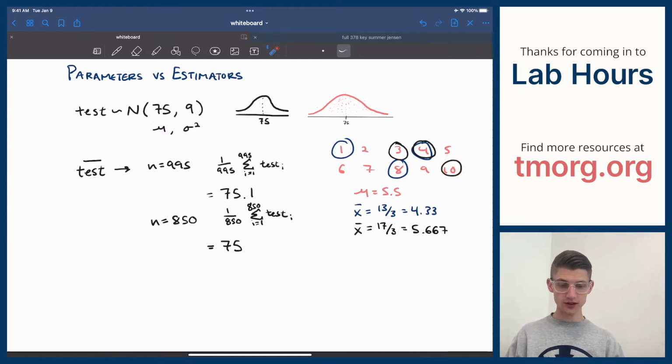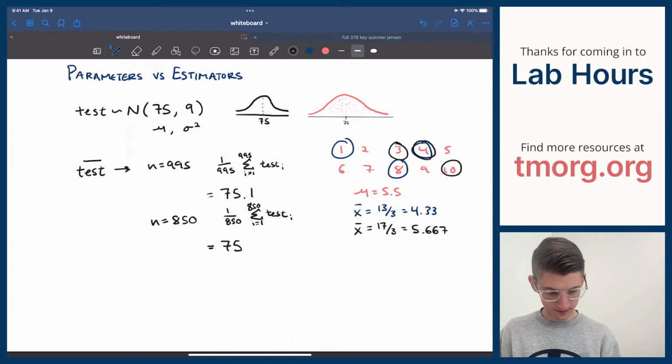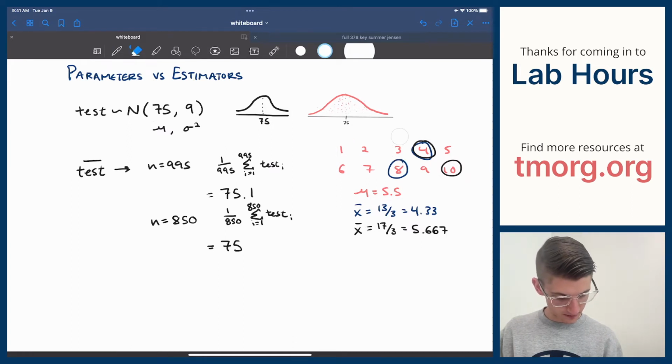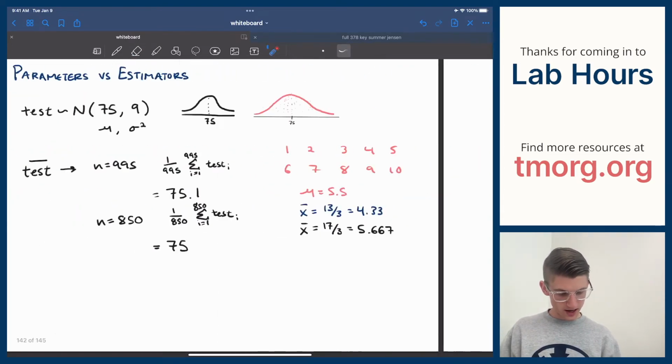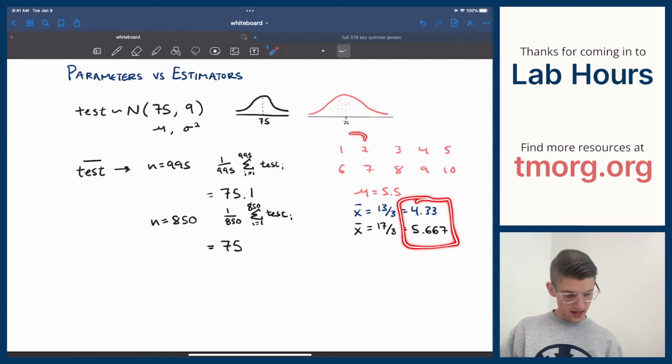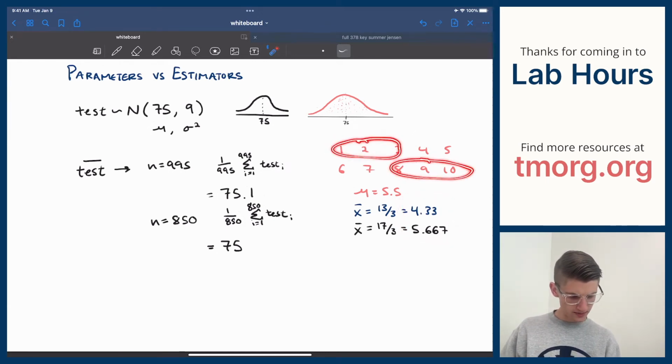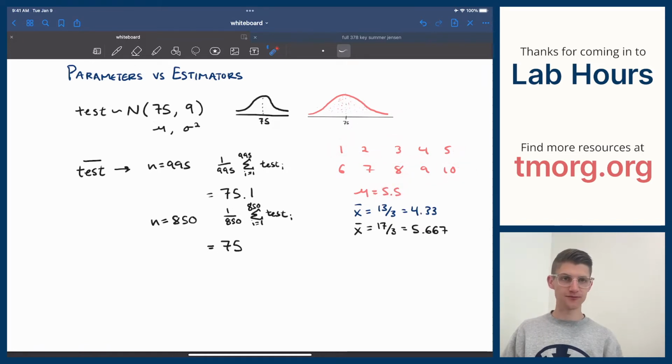But what if I gave you 9 observations as opposed to just 3? Let's think about that for a second. You can see with just 3 observations, you can get a bunch of different estimates, ranging from 2 all the way up to 9 for mu, even though the true average is right here at 5.5.